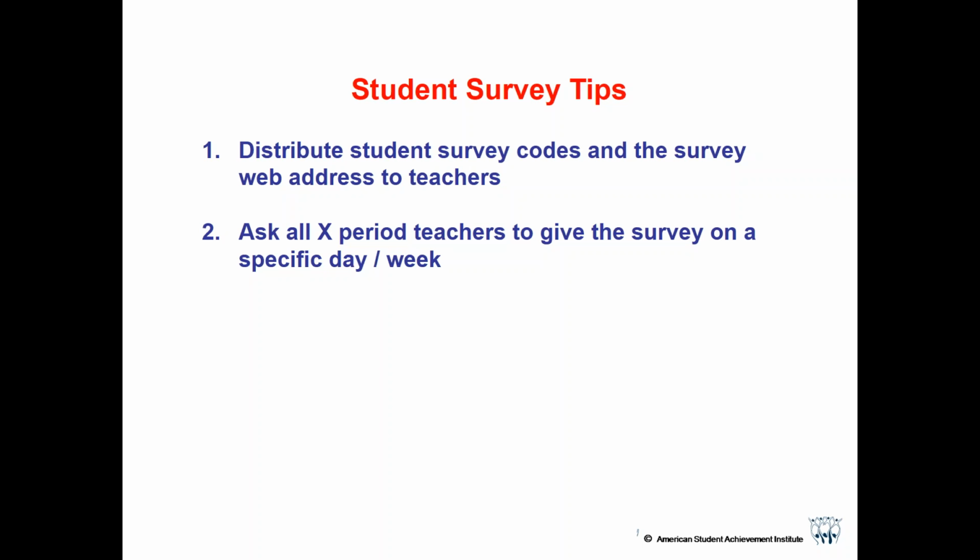So for example, if you're in a high school, you could say to your second period teachers, here is the survey web address, here are the survey codes that the kids will need when they start the survey, and at some point during the next several weeks, or you'll give them a deadline, at some point in this survey window, will you please give this survey to your second period students?